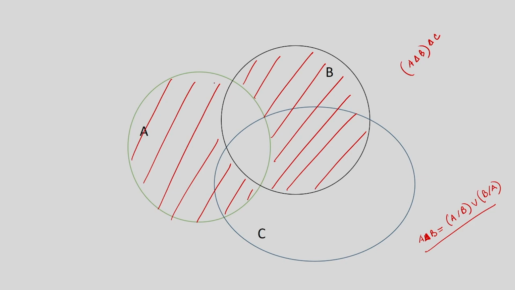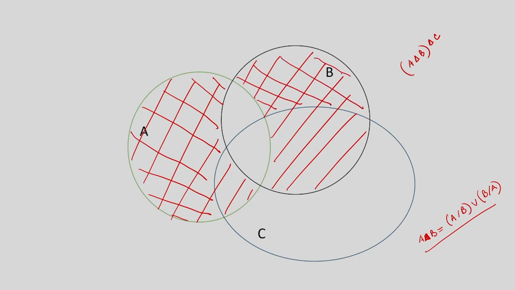I am left with this region, right. So, this is my A delta B minus C.